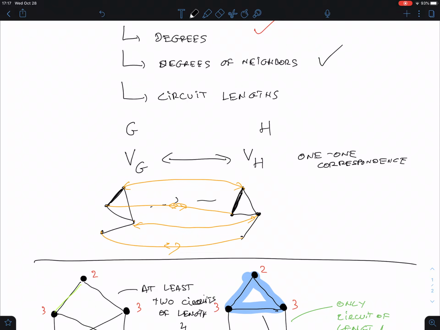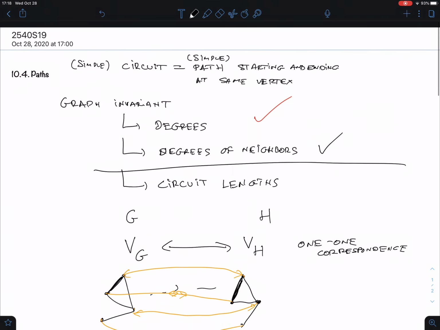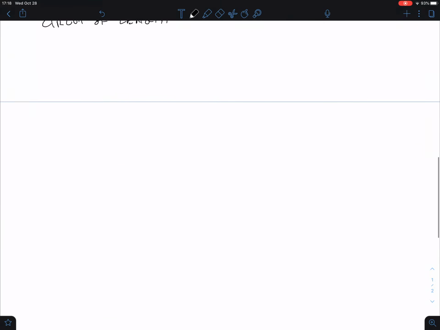If I had asked you about these 2 graphs before we talked about paths, you would have assumed that they were isomorphic and you would have tried to find an isomorphism and gotten stuck. So paths and circuits are very, very subtle tools that can tell apart graphs.